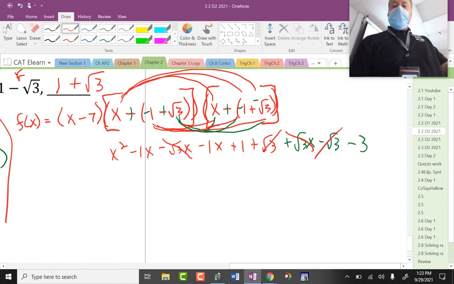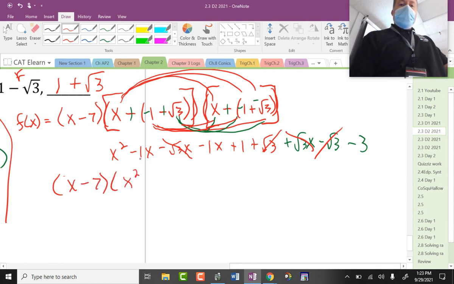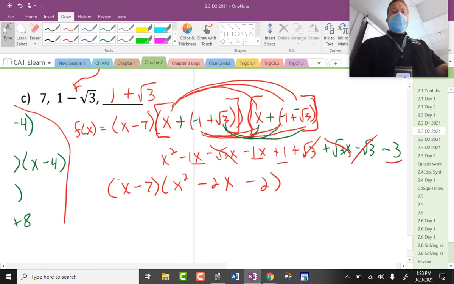Root 3 and negative root 3 are opposites of each other. And then what I end up having is x squared minus 1x minus 1x, and then I have 1 and negative 3, which is negative 2. I hope I got that right.